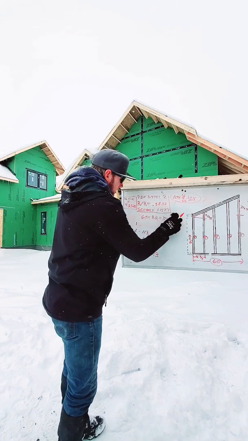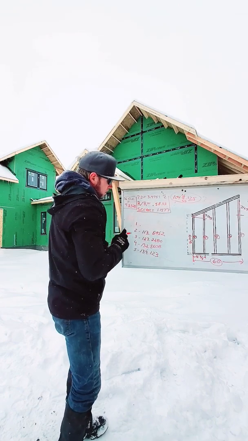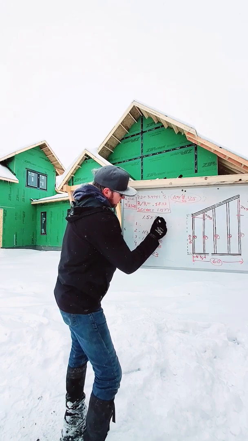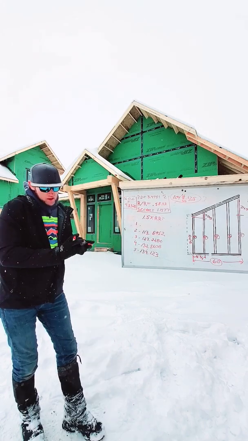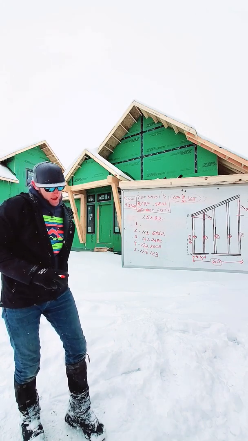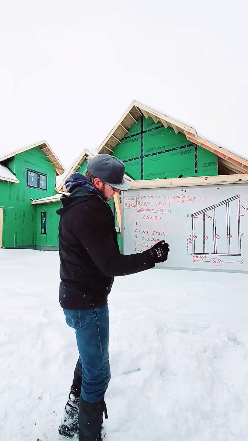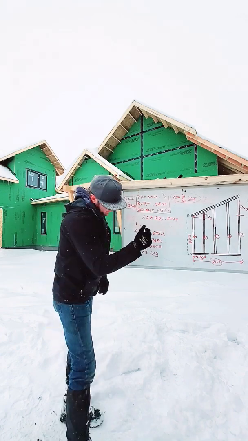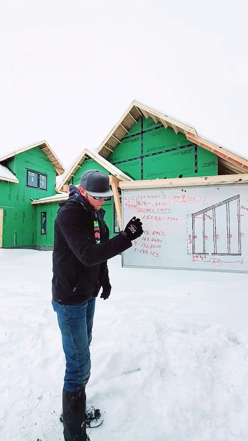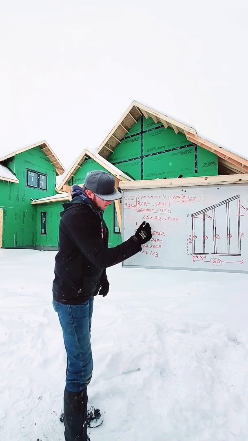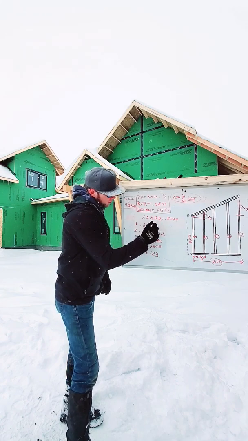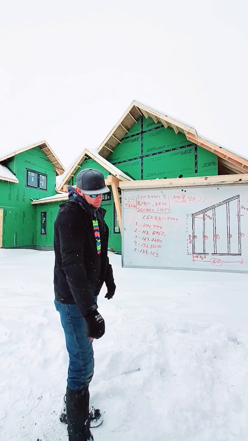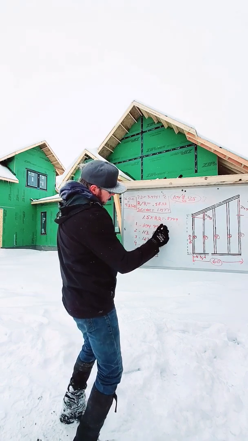So I take 1.5 times the rise-run ratio. That's 0.8749. That gives me 104.999.